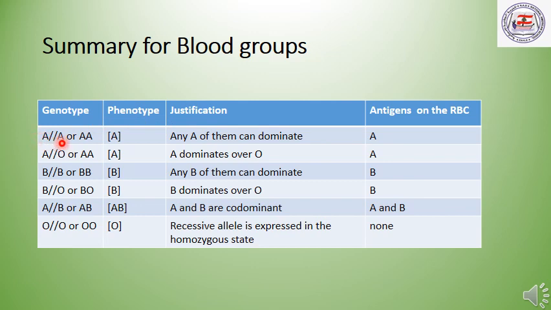Individuals having genotype AA will have a phenotype A that is expressed with the letter between two brackets. Why is it considered phenotype A? Because any of the A alleles can dominate over the other, and therefore the only antigen expressed on top of the membrane of the red blood cells is the A antigen.